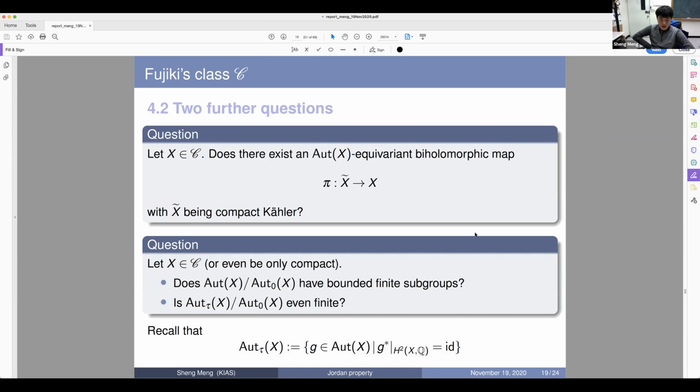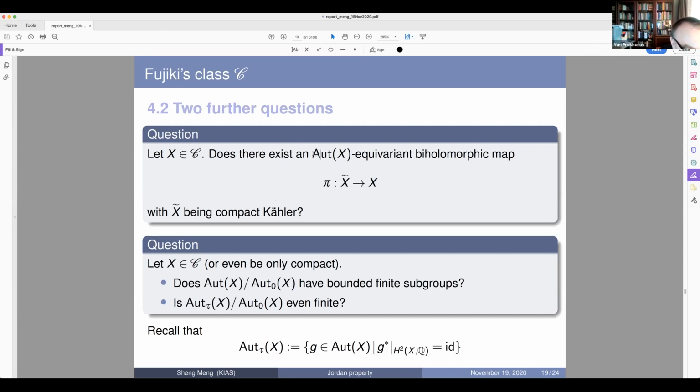You mean Aut(X tilde) is larger than Aut(X). So how do you connect the statements for X tilde? If it is equivariant, it means that Aut(X) can be embedded into Aut(X tilde). If it's larger, it's okay. The problem is if it's smaller.